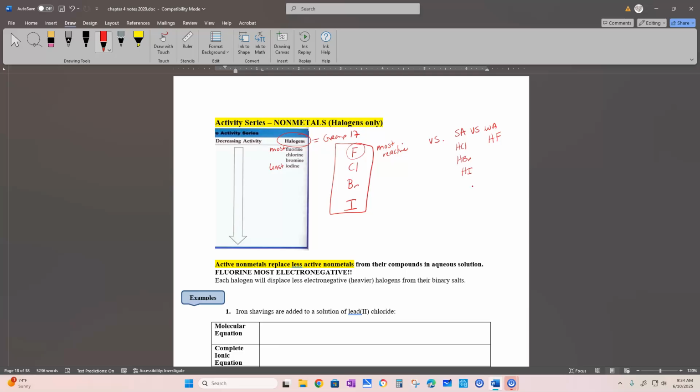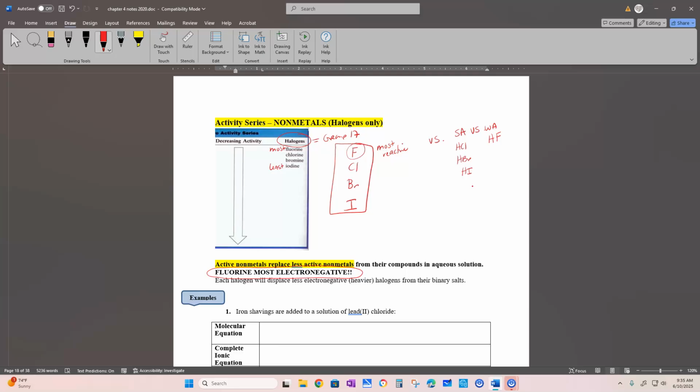So on the activity series, fluorine is the most reactive. Active nonmetals replace less active nonmetals. As long as the element on top is higher up on the chart than the element on the bottom, they'll replace. The reason fluorine is the most reactive is because it has a very high electronegativity number.